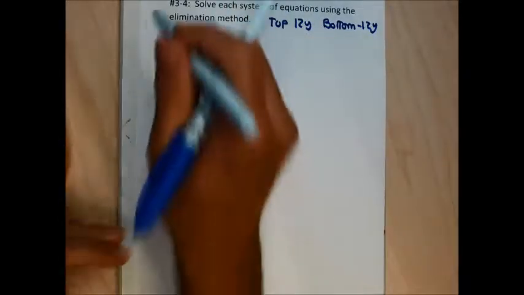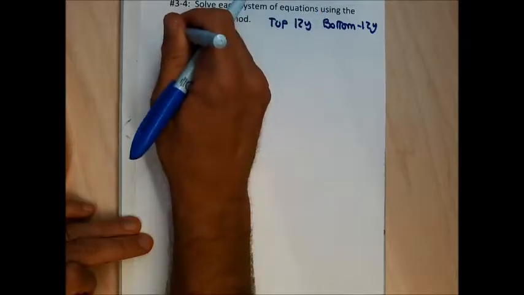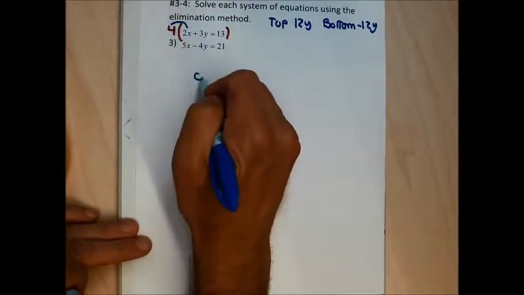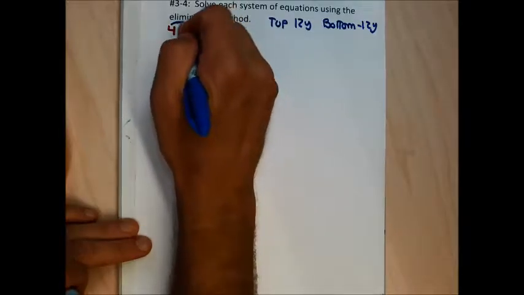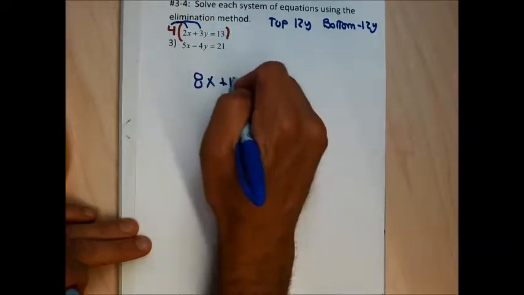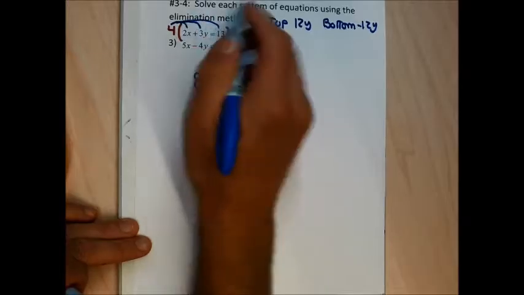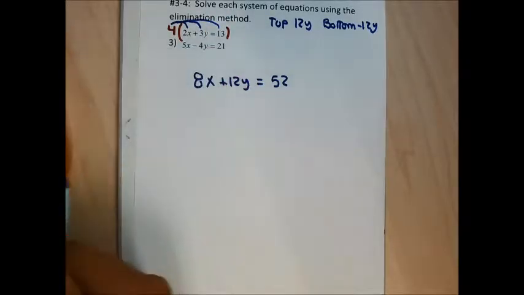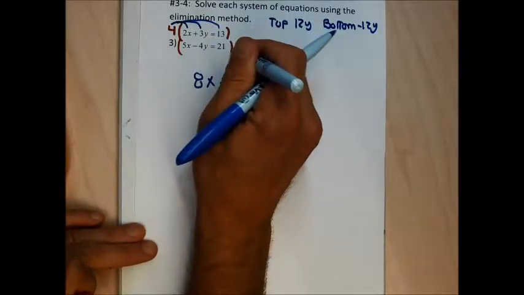To get the top to have a positive 12y, I need to multiply everything in the top equation by 4. I go 4 times 2x is 8x, 4 times 3y is plus 12y, 4 times 13 is 52. In the bottom, I'm going to multiply everything by 3.